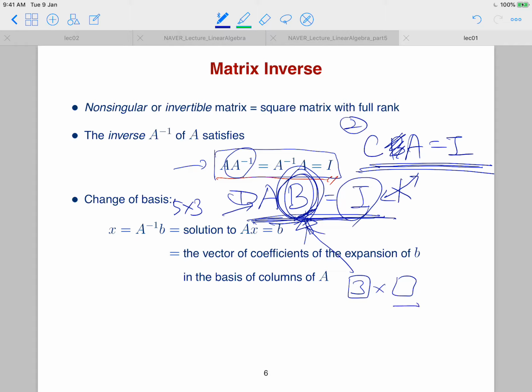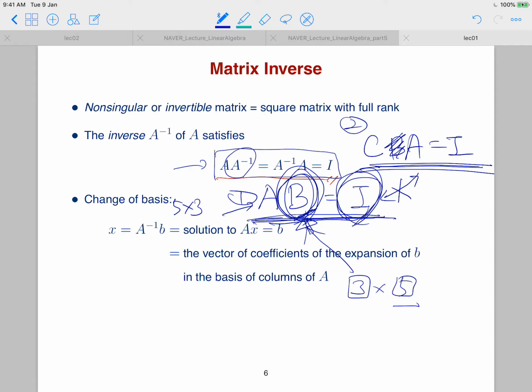But what about the second number? It should be 5, because even though A or B can be a rectangular matrix, the identity matrix involved in this equation should be a square matrix. There is no rectangular identity matrix, right? The identity matrix should always be square.